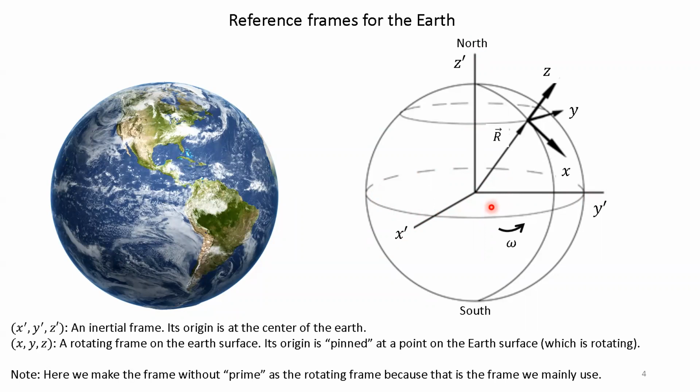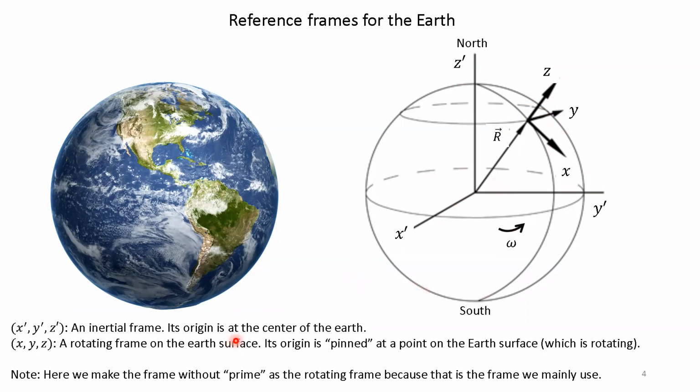The other frame will be at the Earth's surface. One thing here: you can clearly see the two frames, but this time I'm going to use the prime frame to denote the fixed frame and the unprimed frame to denote the rotating frame. Previously we did the opposite: the fixed frame was the one without the prime, and the rotating frame was the one with the prime.